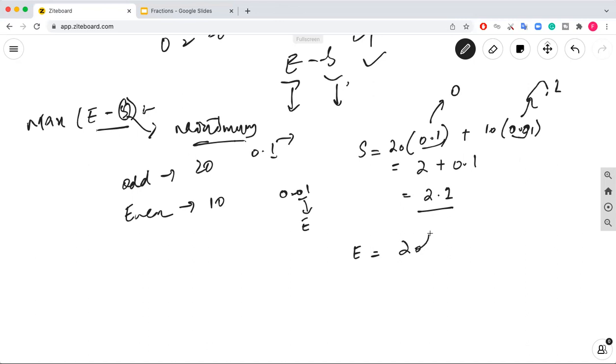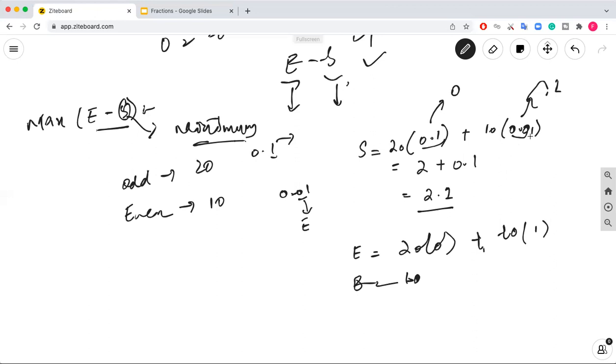So for the estimated sum, this will be 20 into 0 plus 10 into 1, which is equal to 10. We are asked to round to the nearest integer.